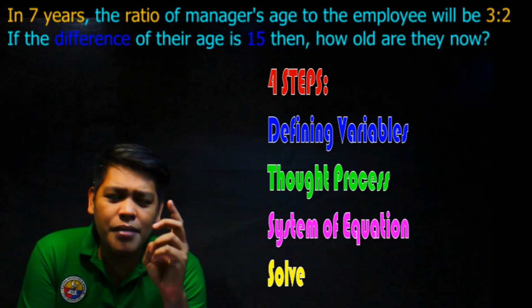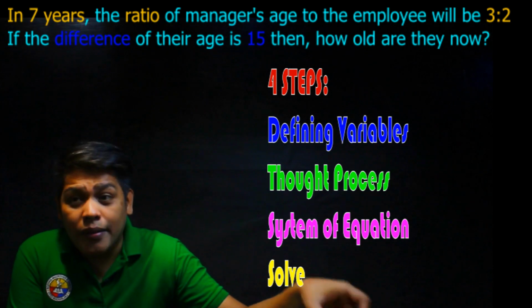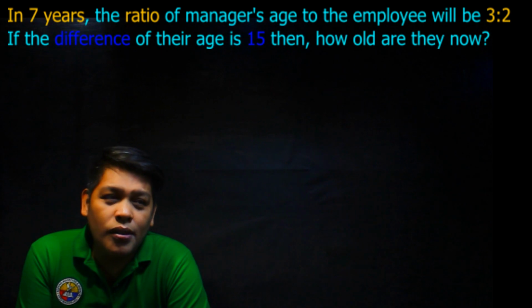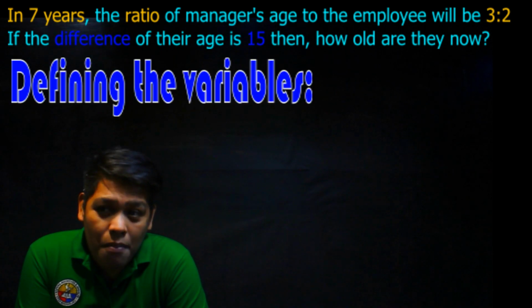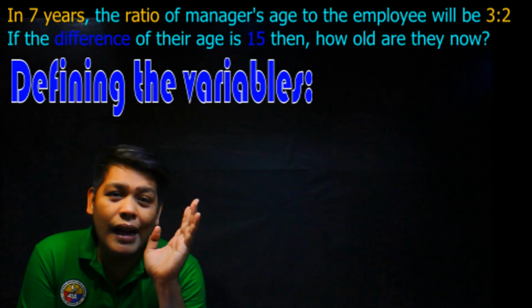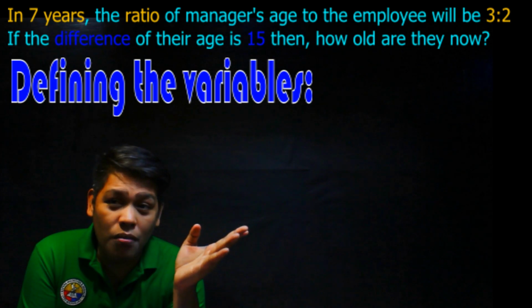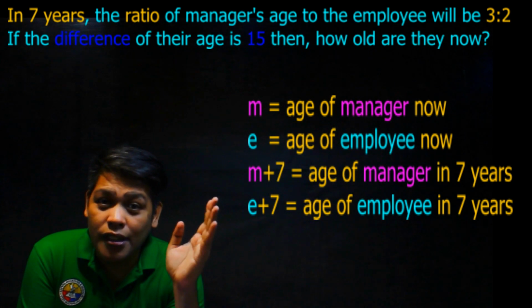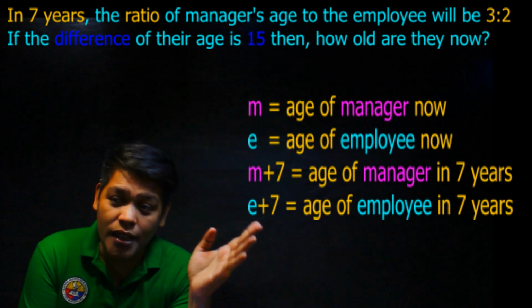So step number 1, defining the variables. We will let M be the age of the manager and E the age of the employee.